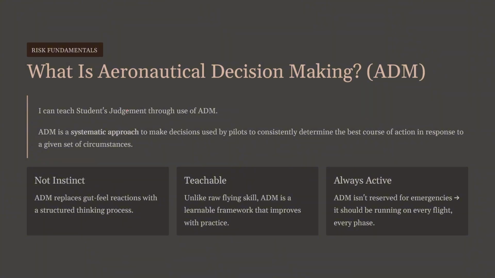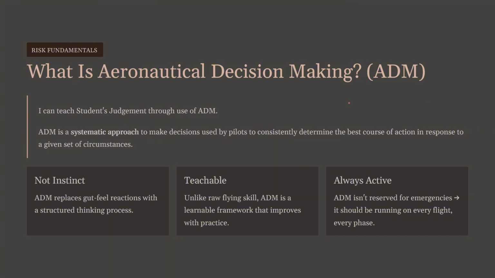ADM, or aeronautical decision making, is a systematic approach to making sound decisions in flight. It helps pilots choose the best course of action based on the situation they're facing. ADM is not about guessing or just going with instinct.